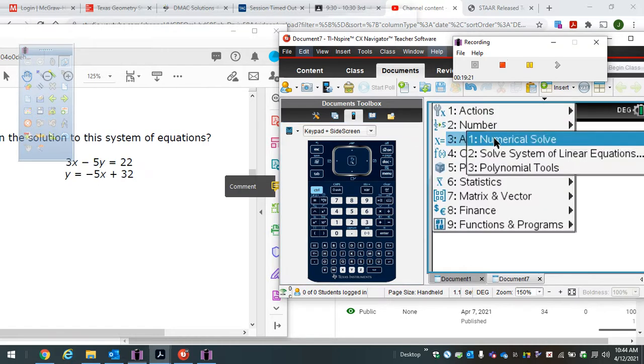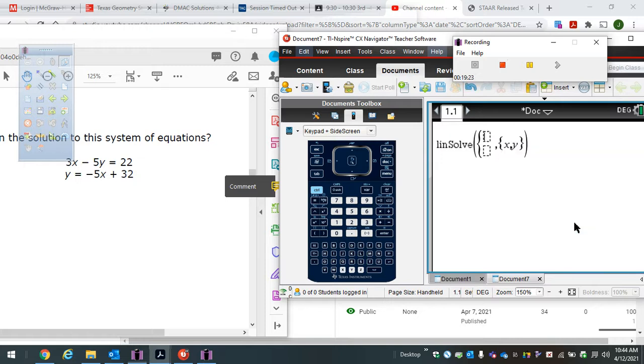Menu 3, 2, and both. Now we're going to go here 3x minus 5y equals 22. And the y equals a negative 5x plus 32.